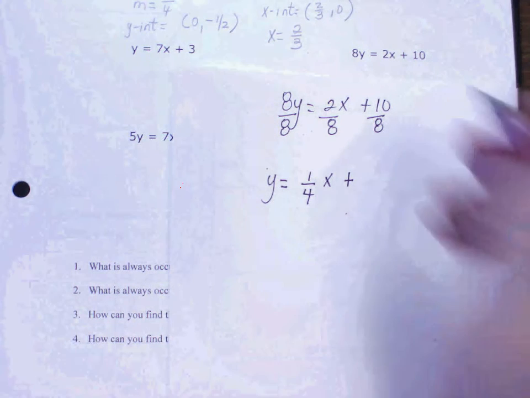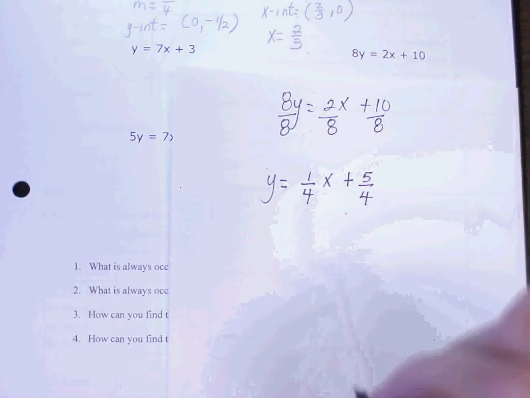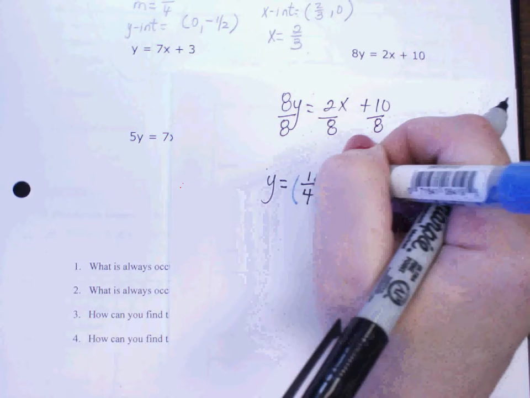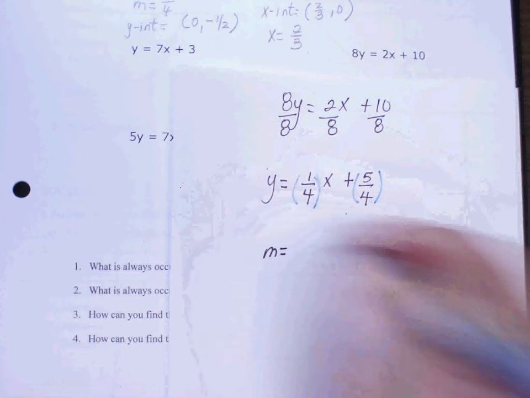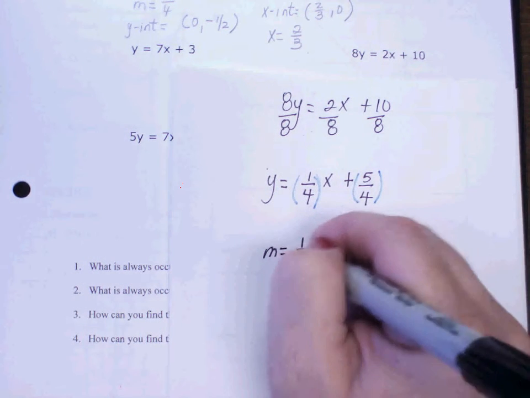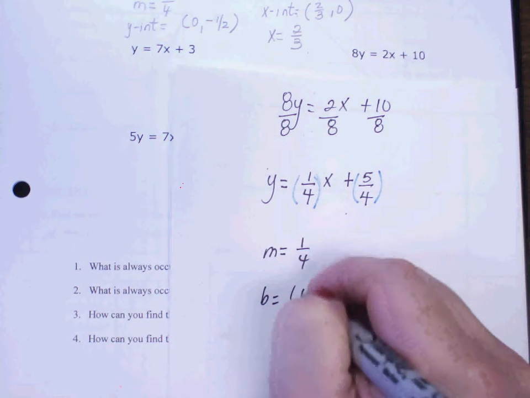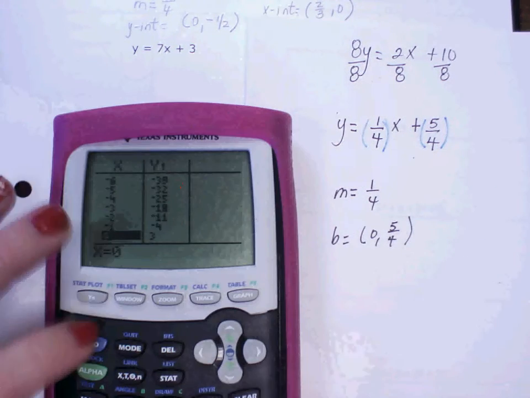And 10/8 simplified would be 5/4. All right, what's my slope? 1/4. What's my y-intercept? 0 and 5/4. And I don't need to go to the y equal to figure those out.